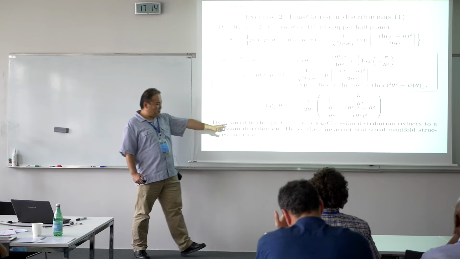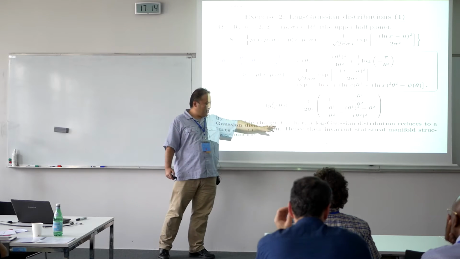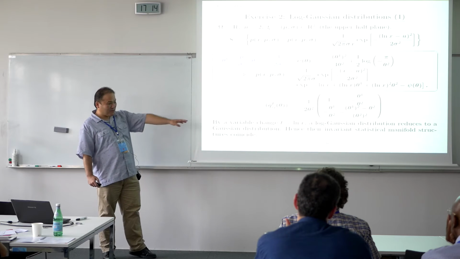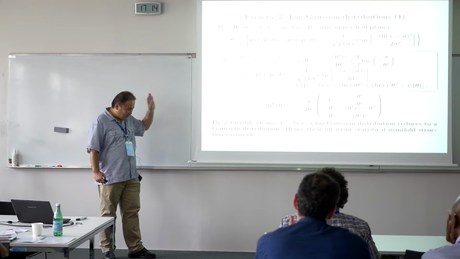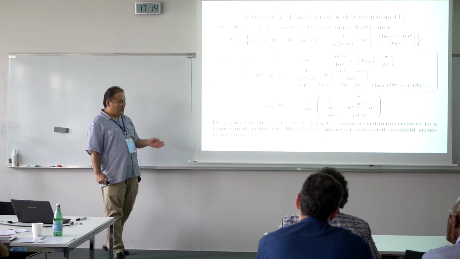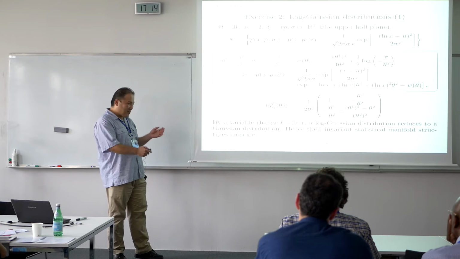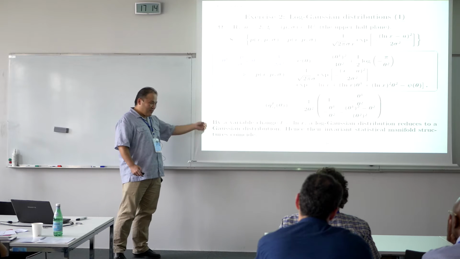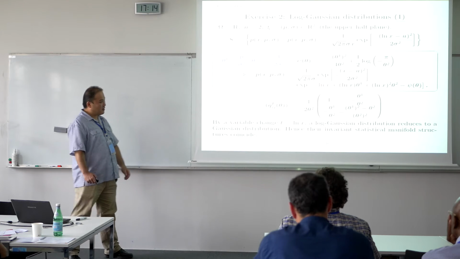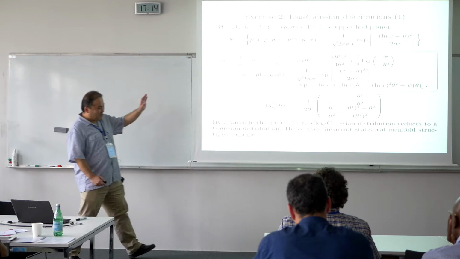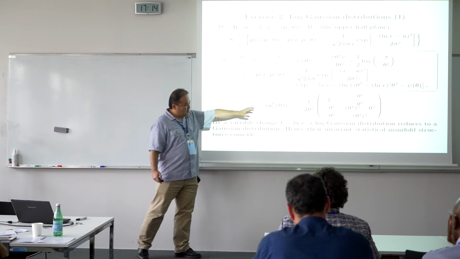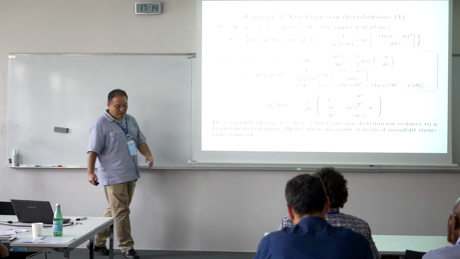Of course, by the variable change t equals log of x, the log-Gaussian distribution reduces to the Gaussian distribution. So their structures must coincide. This is one of the requirements of information geometry: the Fisher metric is independent of the choice of reference measure.